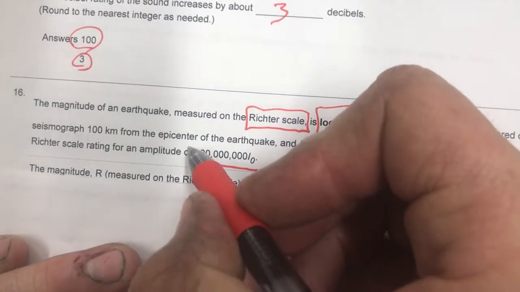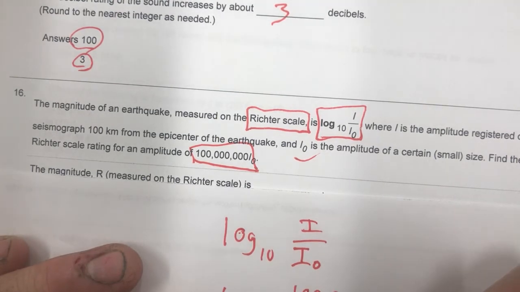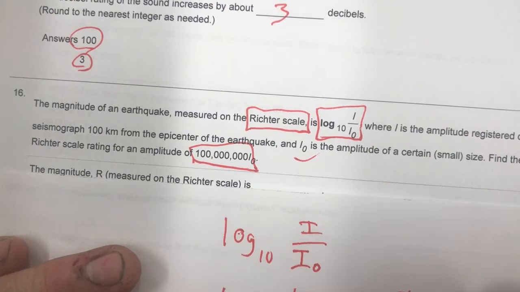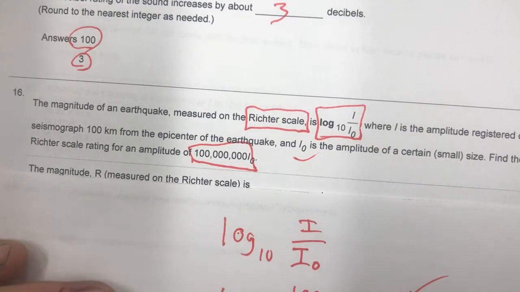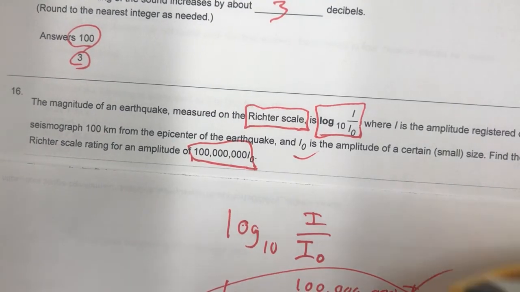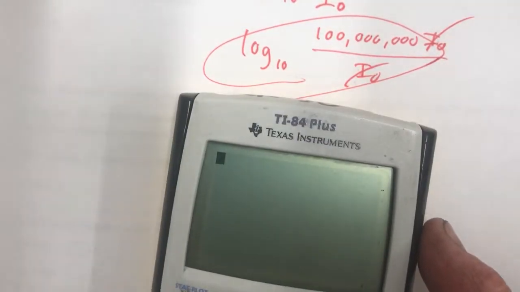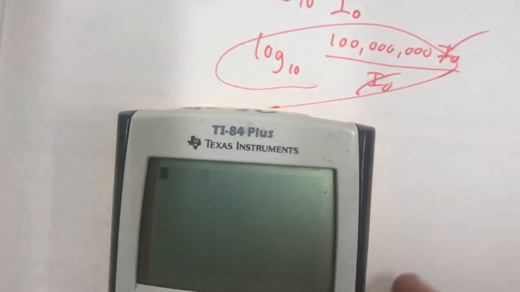So if my amplitude is this, then that means I'm going to have log base 10 of 100 million I sub 0 over I sub 0, and these I sub 0s will cancel. So basically, I'm just typing this in right here. Since it's log base 10, I just type log.